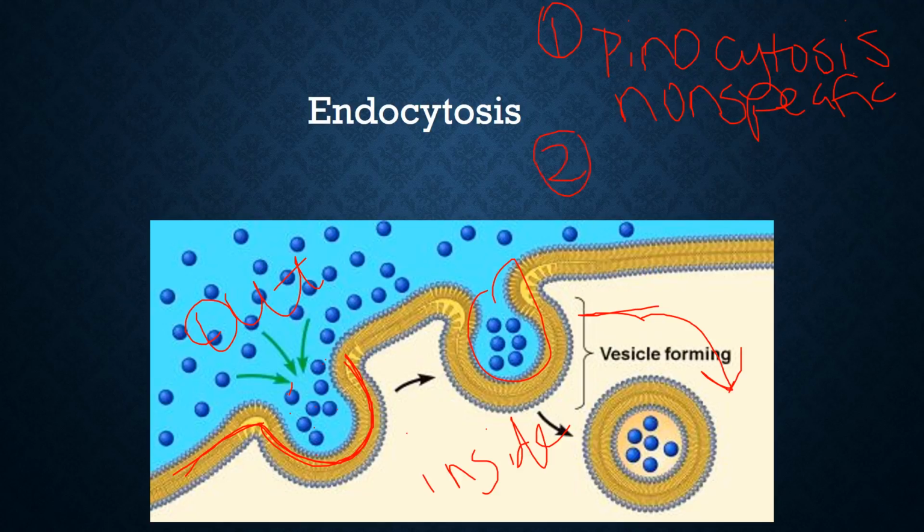The second type is going to be specific, and this is receptor-mediated endocytosis. Here within the plasma membrane, say we have different types of receptors or proteins that are going to bind to a substance to allow it to come in.